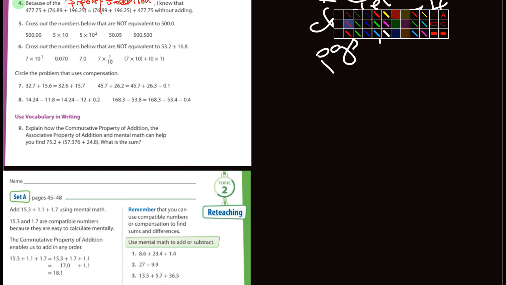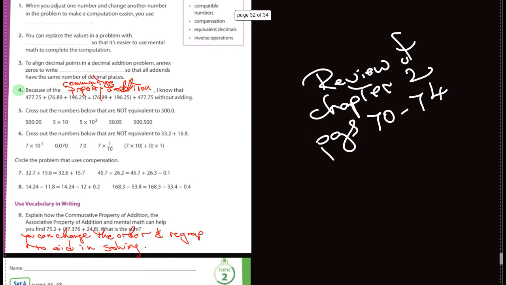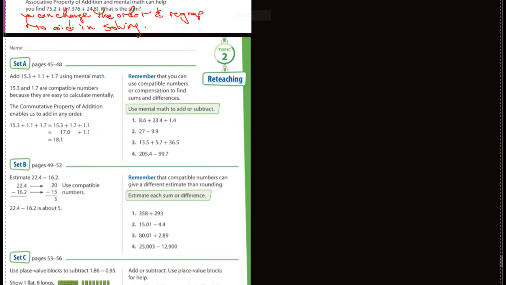You can change the order, and regroup, to aid in solving. That's what I would put. I don't know if that's what the book has, but that's what I'm going to put.